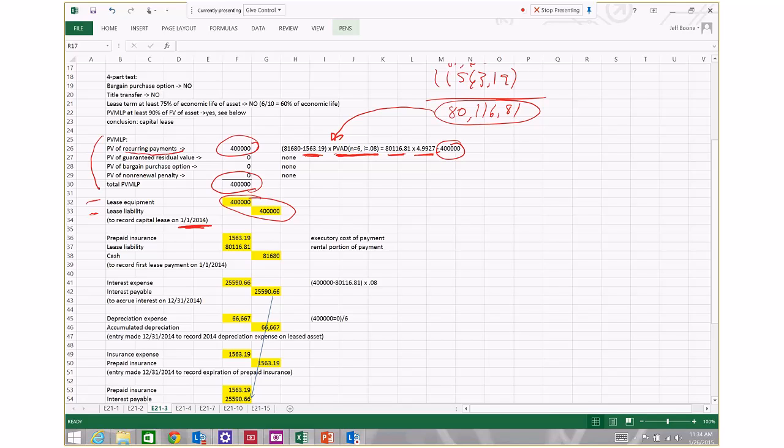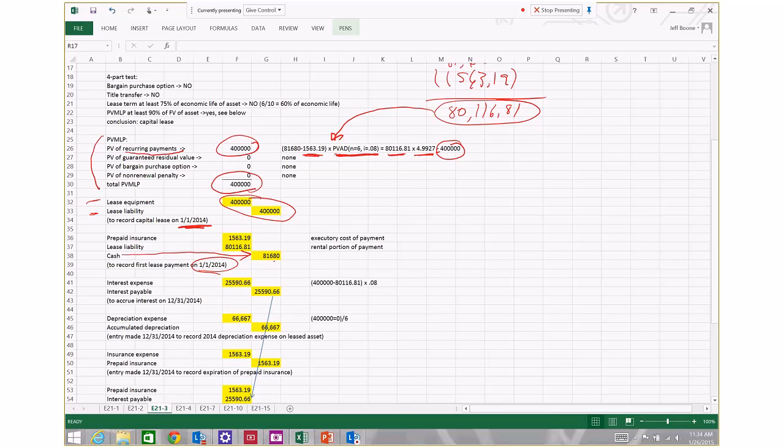Also, remember the first payment on this lease occurs on the date that the lessee entered into the lease agreement, January 1st, 2014. So on that date, the lessee is going to cut a check to the lessor for $81,680, and book that entry by crediting cash $81,680.